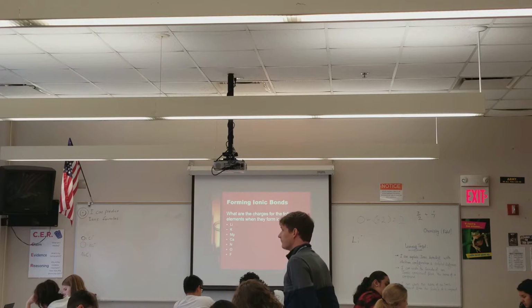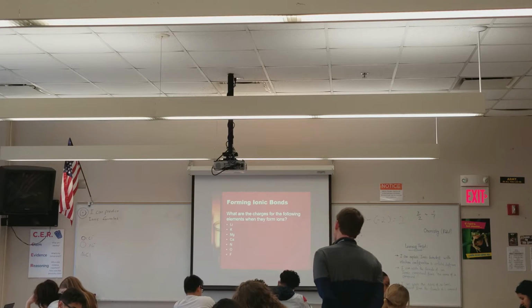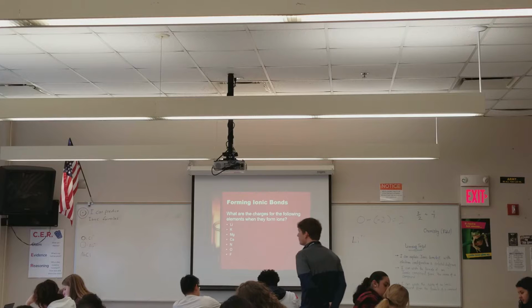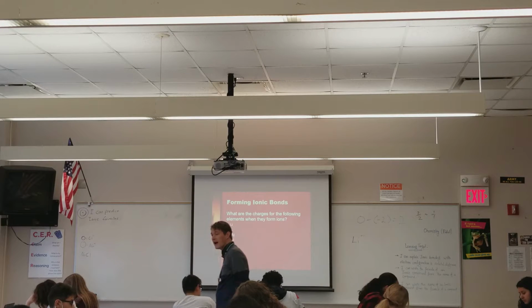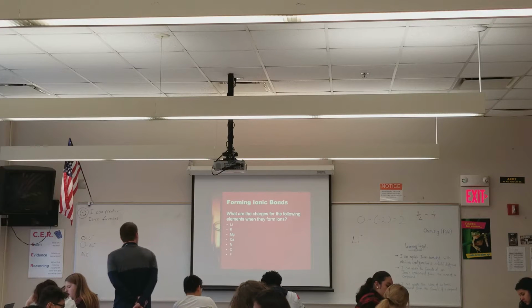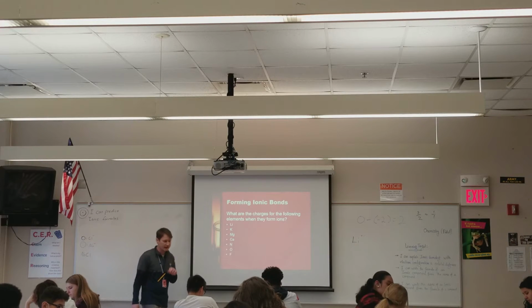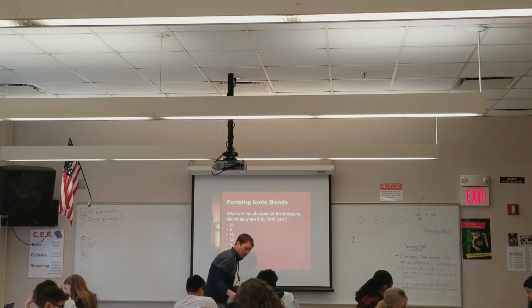You move to magnesium. Magnesium says +2 on the puzzle piece, I wrote +2. You move to calcium. Calcium says +2 on the puzzle piece, I wrote +2. You move to nitrogen. Nitrogen says -3, I wrote -3. Oxygen says -2, I hope you wrote -2. And fluorine says -1, I hope you wrote -1.